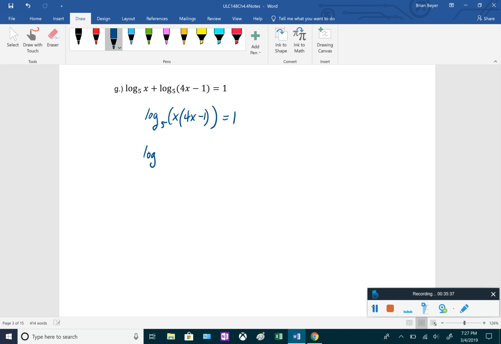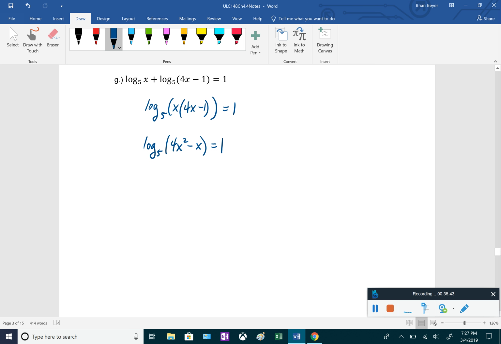So I'm just going to distribute the x and make it 4x squared minus x. And let's put this into exponential form. So it's going to be 4x squared minus x equals 5 to the first power, which is 4x squared minus x equals 5. I'm going to subtract 5 on both sides because it's a quadratic. We want it equal to 0.